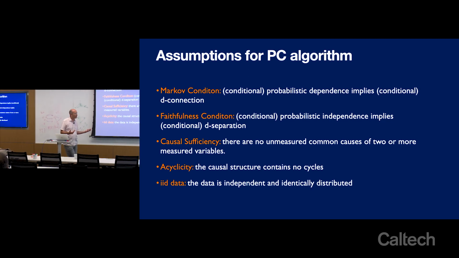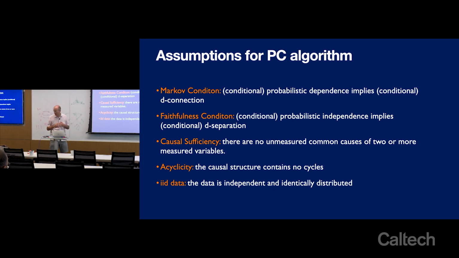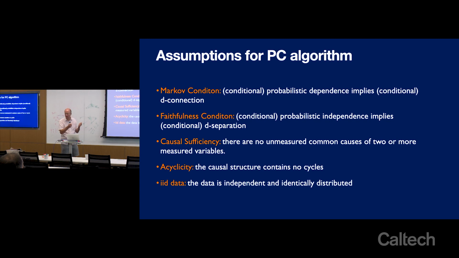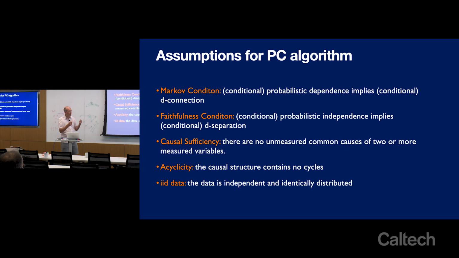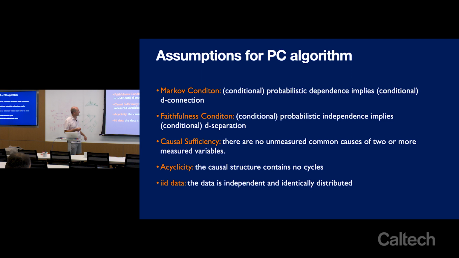Now, it sounds a little bit like correlation implies causation, but that's not quite what it is, because d-connection only allows for certain types of causal connections. The example I gave earlier is, I think, the most intuitive one: if we see x and y are dependent, then that means, according to the Markov condition, that either x causes y, y causes x, or there's a common cause of the two, right? And by x causing y or y causing x, I mean either directly or indirectly, right? That's what it would mean.